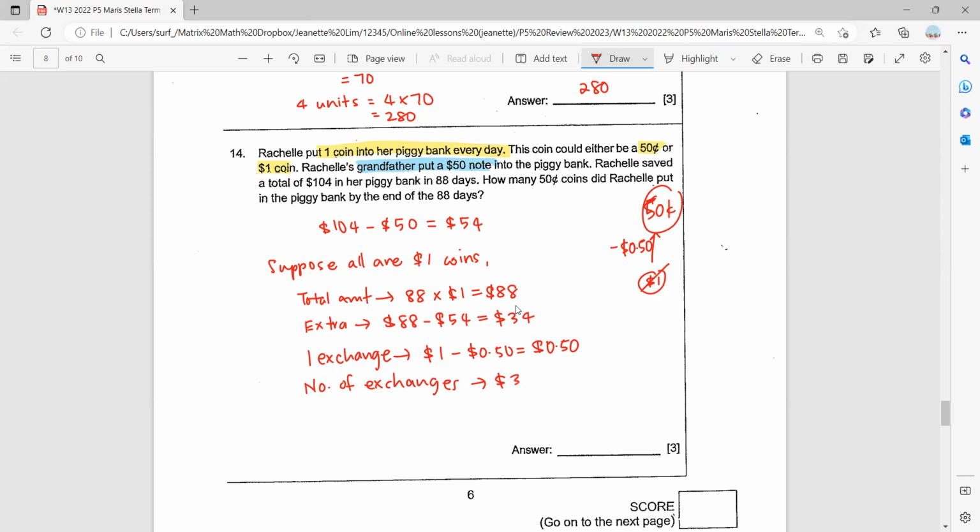Take 34 divide by 50 cents. So this will actually give us 68, because every $1 there's two 50-cent coins, right? So 2 times 34 is 68. I'm doing this exchange 68 times, so then I would have 68 50-cent coins.